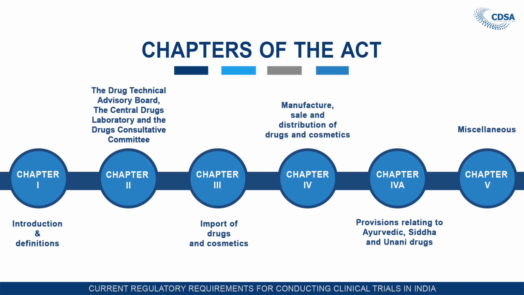Chapter second is related to the DTAB and DCC. DTAB is Drug Technical Advisory Board, DCC is Drug Consultative Committee. These committees are provided in the Act to provide technical guidance in any matter related to drugs. The DCC also ensures the uniform implementation of the Drug and Cosmetic Act and the rules thereunder across the country.